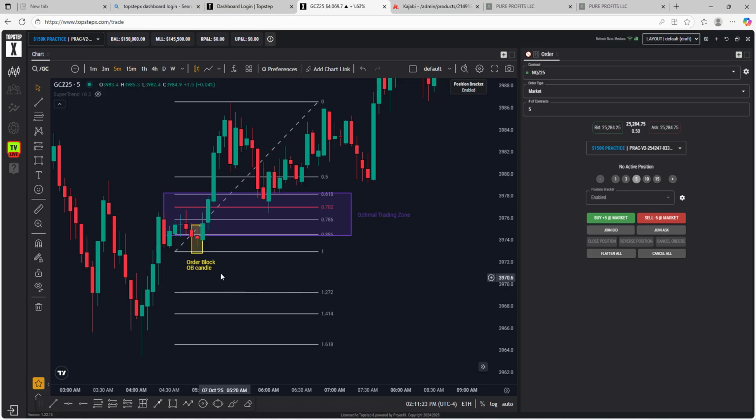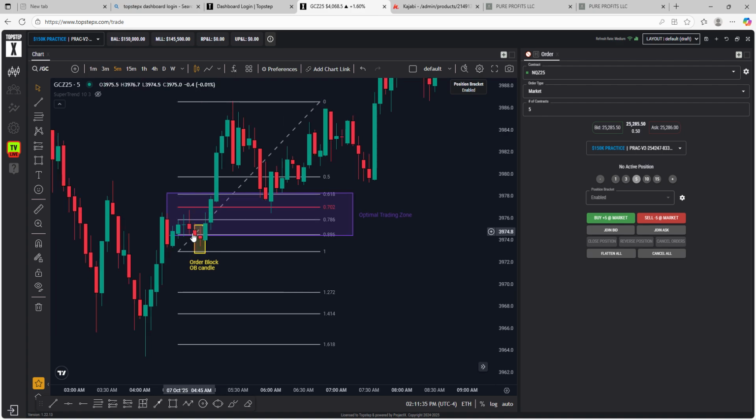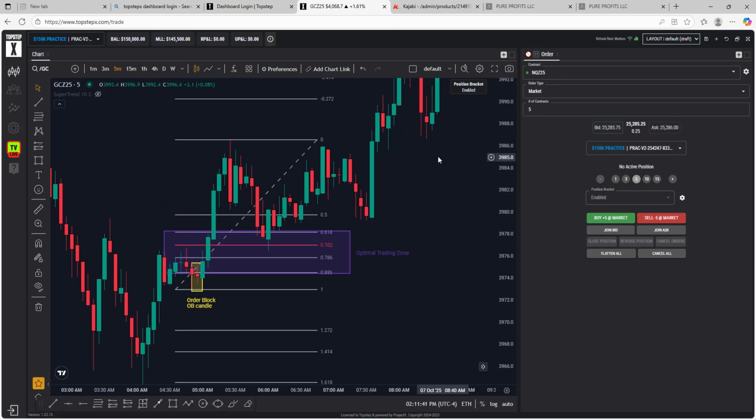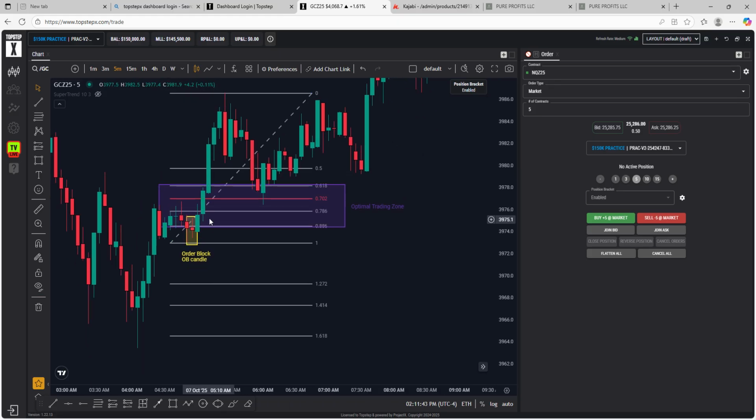The reason why these order blocks are so important is because these are areas in which price rejects from. A lot of times when you look at these markups, this is the magnet for the retracement. Before it goes off and continues to make lower lows and lower highs, this is what it reacts off of, this order block.